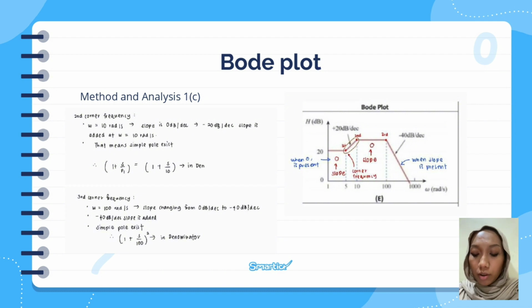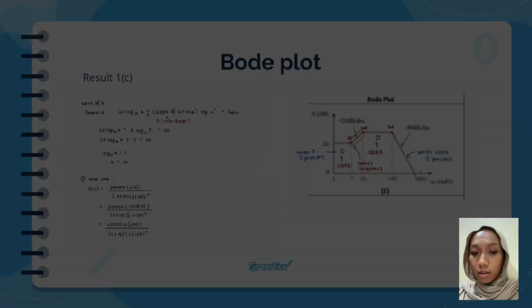For the third corner frequency, omega equals 100 radians per second, and the slope changes from 0 dB per decade to negative 40 dB per decade. And it shows that when a negative 40 dB per decade slope is added, the simple pole exists at omega 100 radians per second.